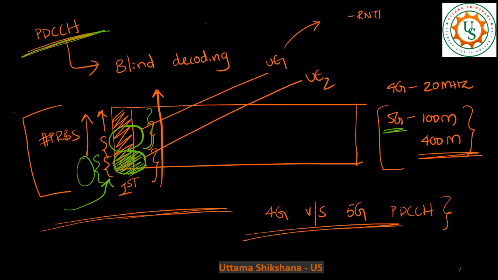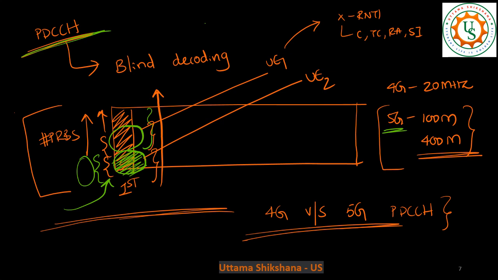We can say X RNTI, because X could be C-RNTI or TC-RNTI, RA-RNTI or SI-RNTI and things like that. If the UE uses the right RNTI information, then it is able to decode the PDCCH correctly, and by that way it gets to know its PDCCH.